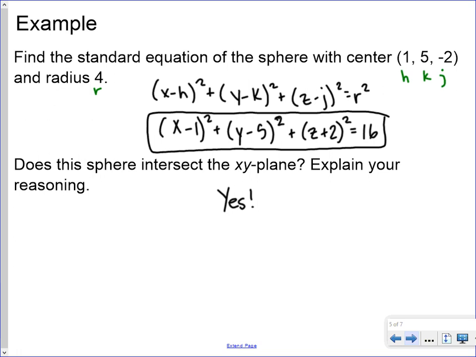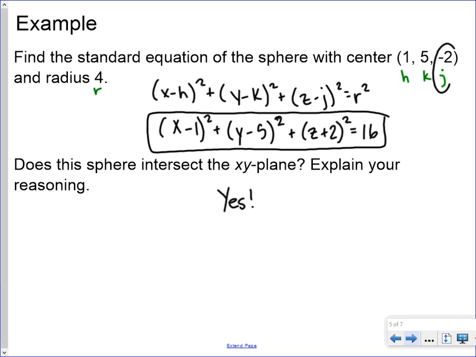And so when you think about this particular sphere, because the z coordinate, or the j coordinate, of your center is only at negative 2, and the radius is 4, it's going to go 4 above, below, around, in all directions to create the outer piece of the sphere. And so that's definitely going to cross the xy plane, because if you go up 2, then you're at the xy plane.